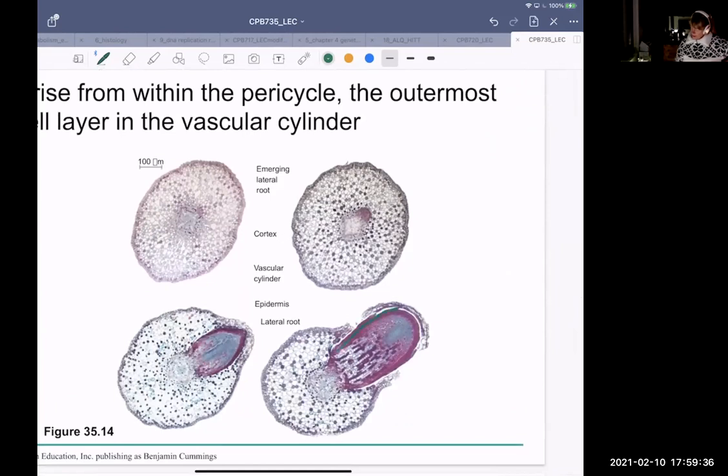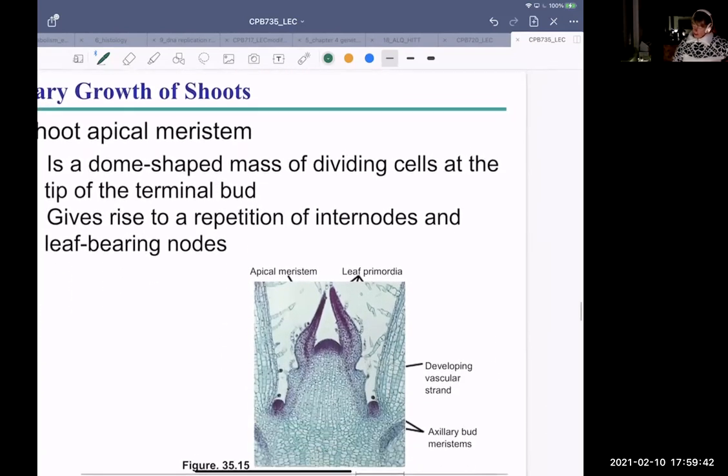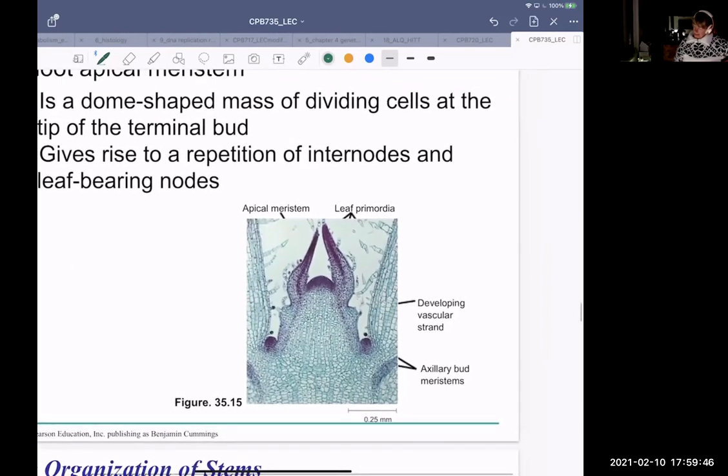So here's a root growing out. The shoot apical meristem looks like that. These are leaf primordia here. This is a developing vascular strand here.